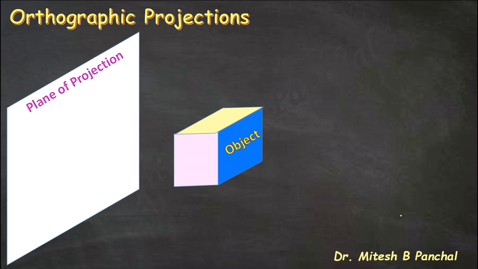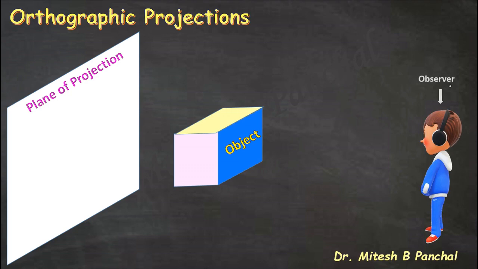So the third requirement to obtain the projections is the observer. So there are three basic elements to obtain the projections: first one is the object, second one is the plane of projection, and third one is the observer.